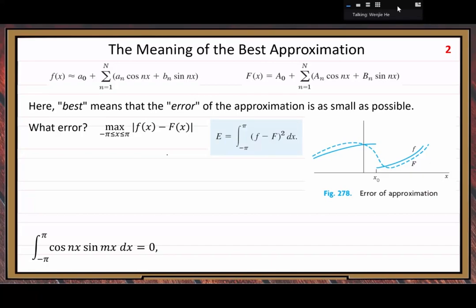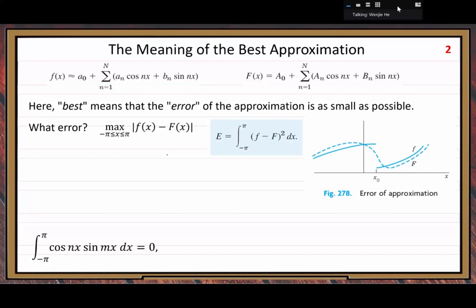Then we define another, because people have freedom to define the error term. After we observed that the approximation at this part is not very good, we use another definition.